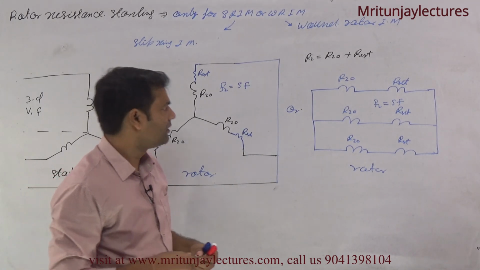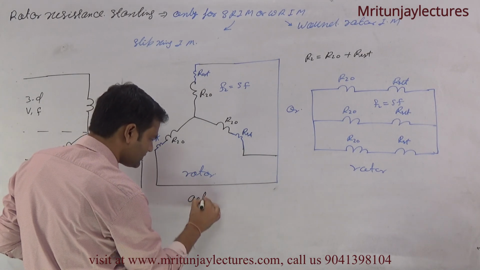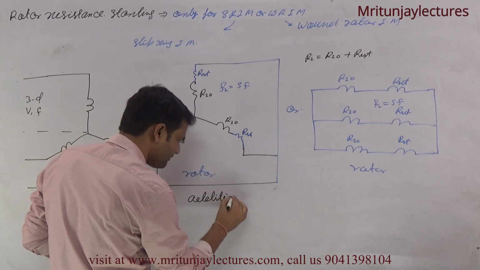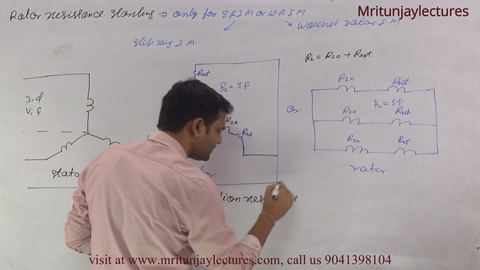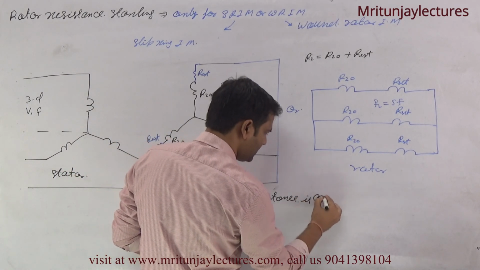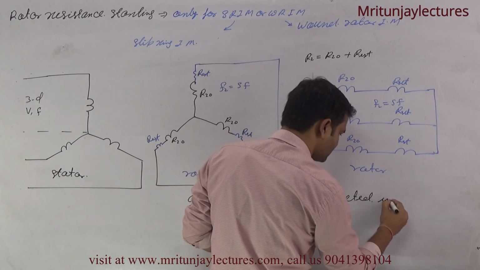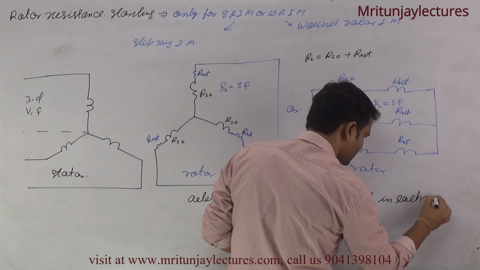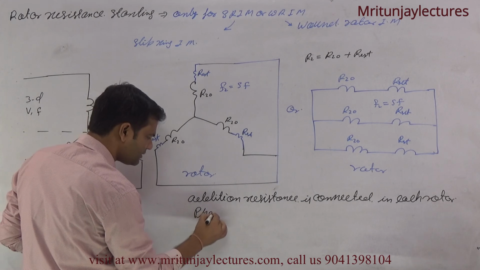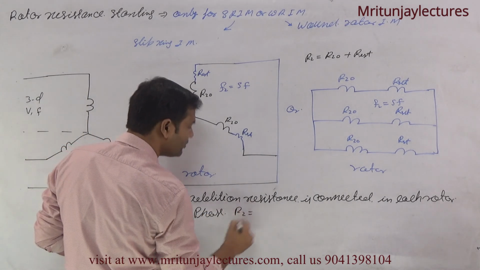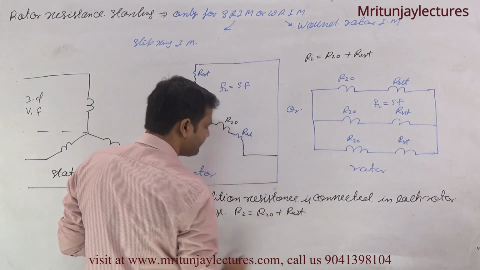Okay, now you can say that additional resistance is connected in each rotor phase, then R2 finally is R20 plus R external. Clear?